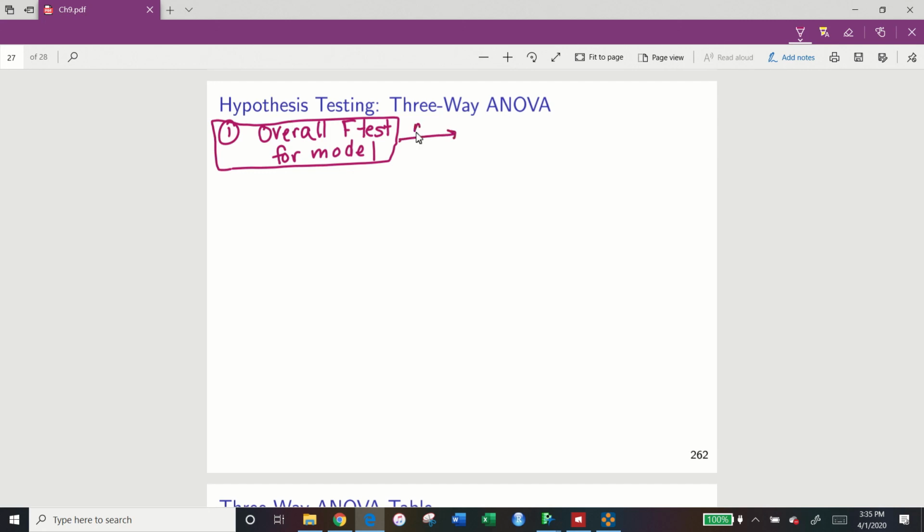If that test is not significant, we stop. If it is significant, then we move on to step 2 and we do the F-test for the three-way interaction.